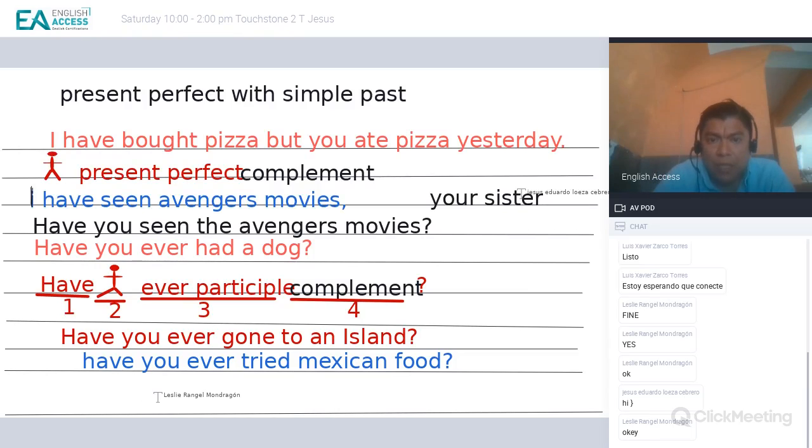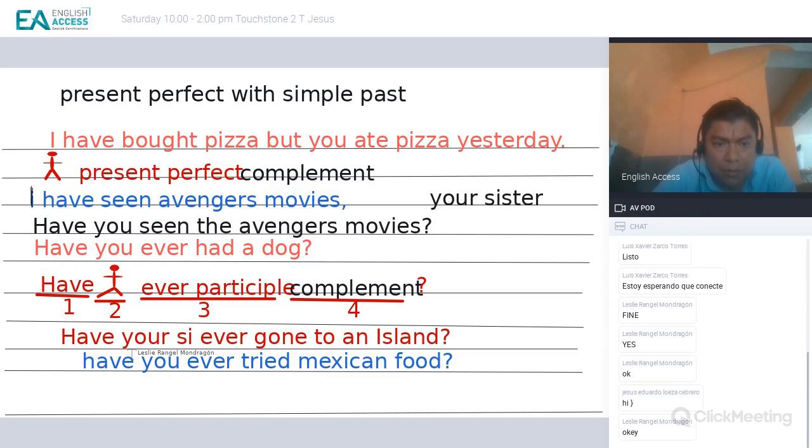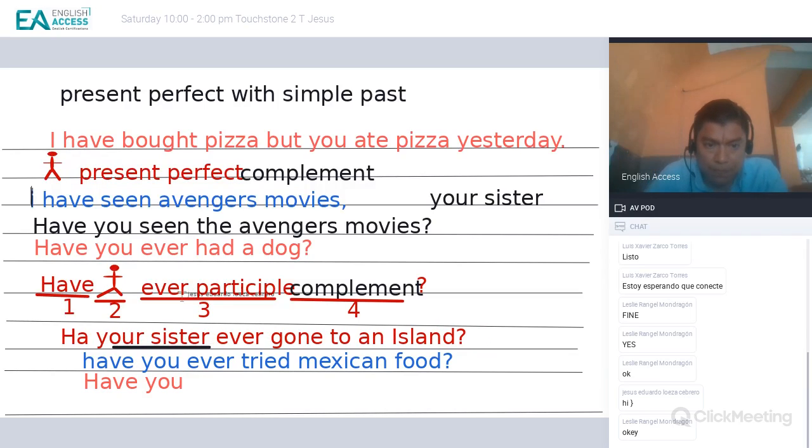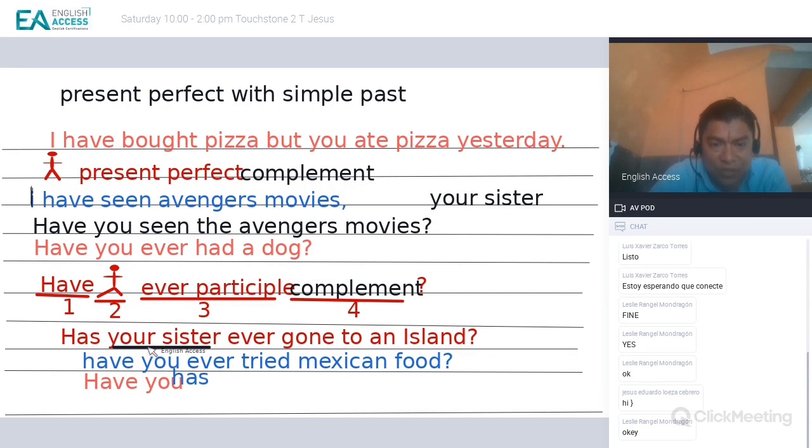Your sister. Can you write an example with your sister? In this example, yes, but wait. Your sister is a third person singular, so have is incorrect. That's right. Has your sister ever gone to an island? Perfect.